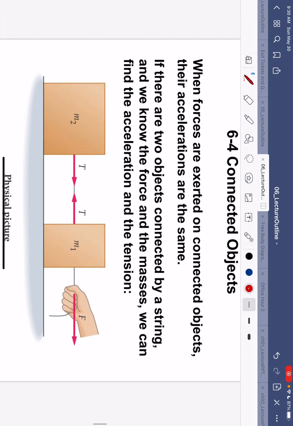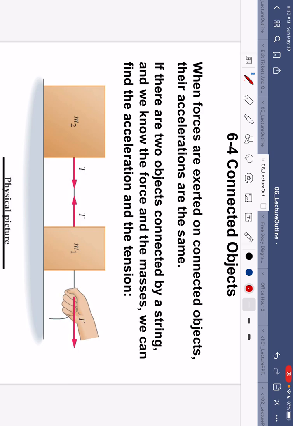Also, when I have connected objects, remember, if I apply a force here, like in this situation, the two objects should accelerate with the same acceleration. Sometimes we will say A1 and A2, but here the direction is also the same, but sometimes not.